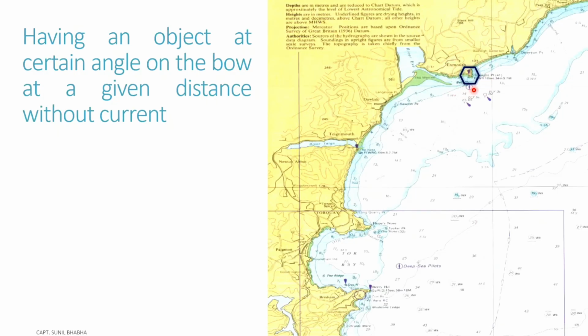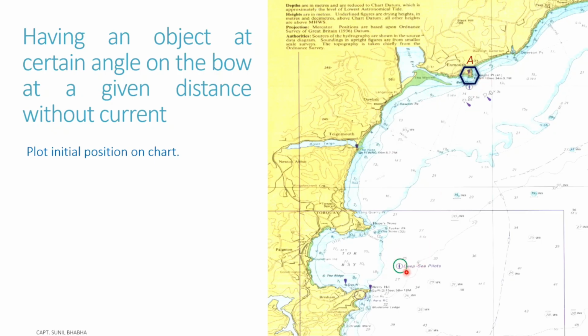So we need to keep this Straight Point lighthouse at a certain angle on our bow. The initial position is also given to us in these questions. Let's mark off the lighthouse as point A on the chart. Now let's plot the initial position which is given to us.